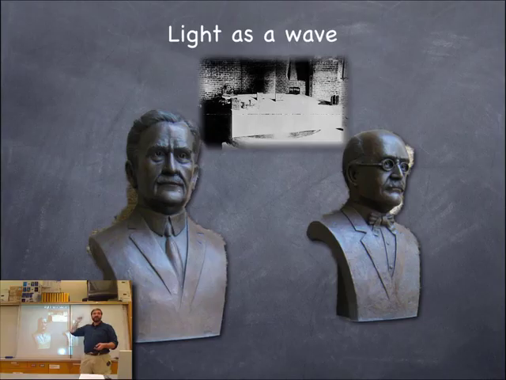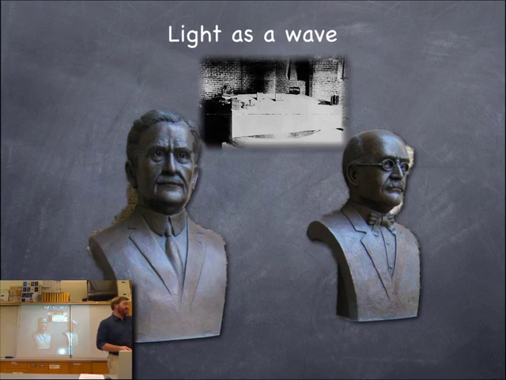And they did some exquisitely detailed and really careful measurements and found nothing. They could not detect the ether. Okay? So they figured that, well, they just needed more sensitive equipment.